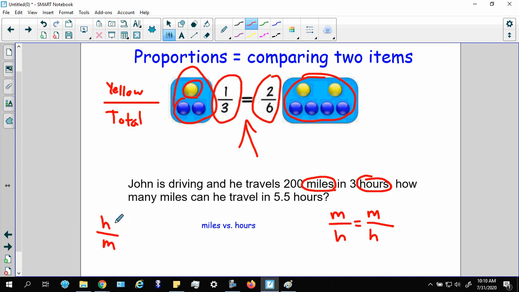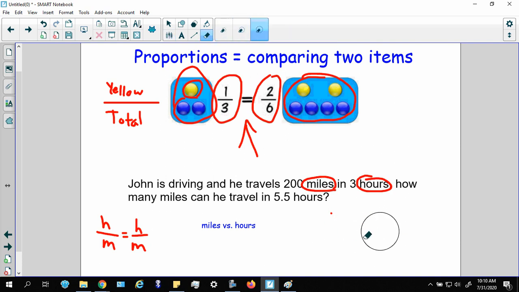If you decide to do hours over miles, just continue that format. Now, using the numbers supplied in this problem, I am going to choose miles over hours.